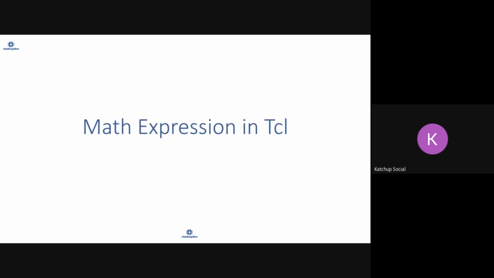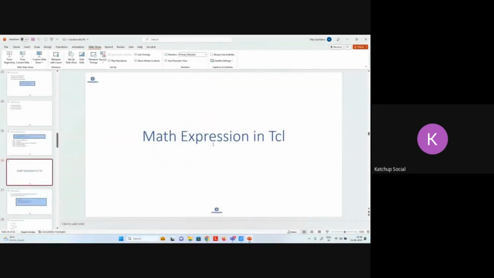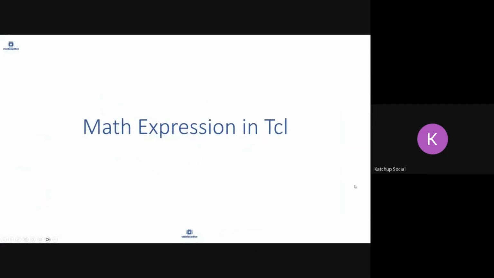So far we have talked about how everything in Tcl is a string. But sometimes you may want to do math operations. If everything is a string, how do you do math operations? Let's understand how to do math operations in Tcl.